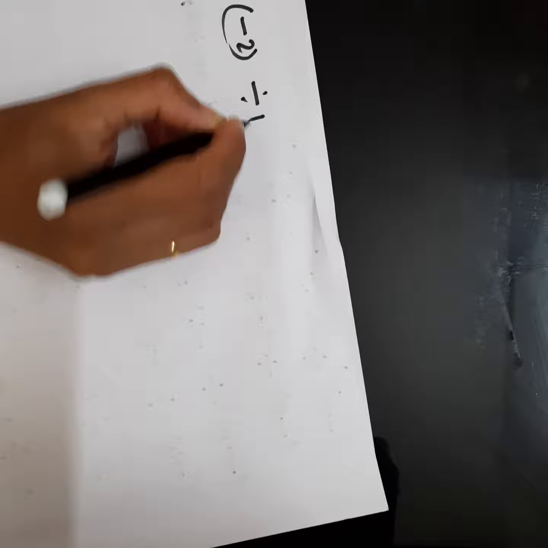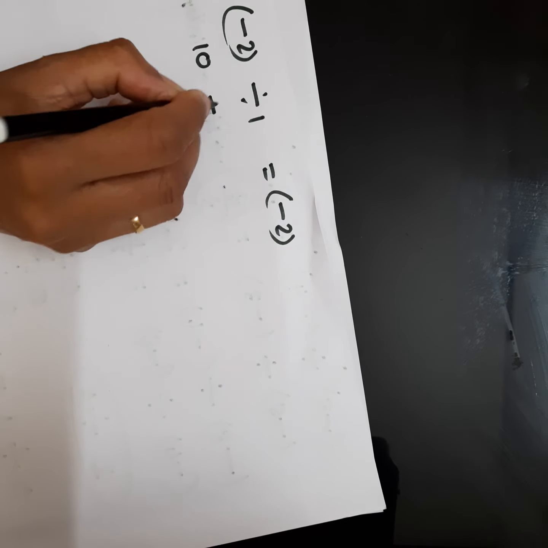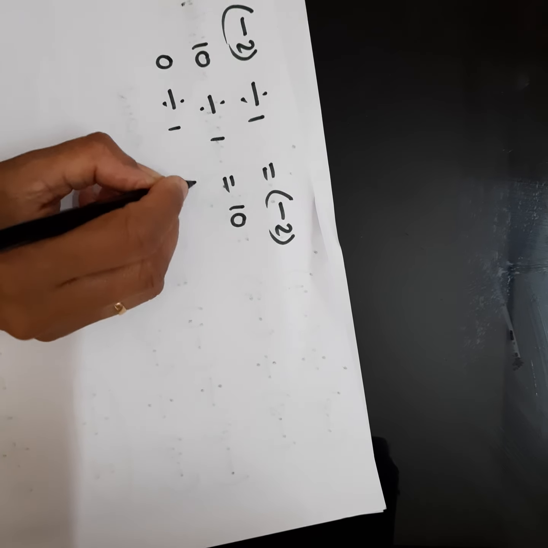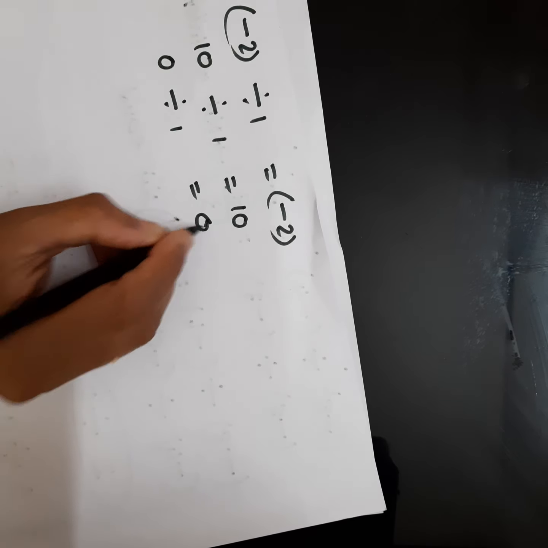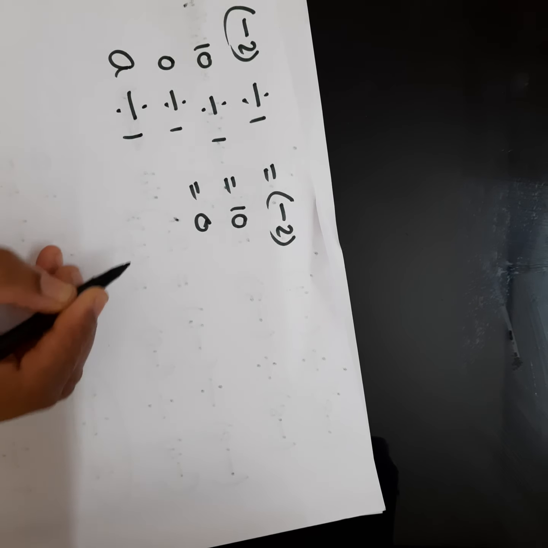Minus 2 divided by 1 is equal to minus 2. 10 divided by 1 is equal to 10. 0 divided by 1 is equal to 0. So any integer a divided by 1, we get the same integer a. So this is another one. These are the very simple properties for division of integers.